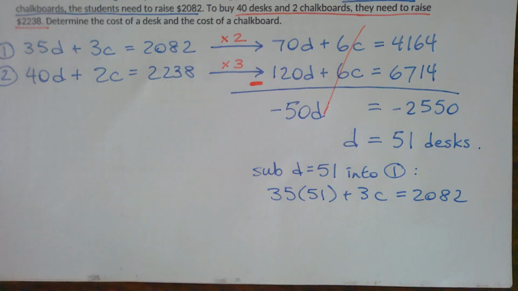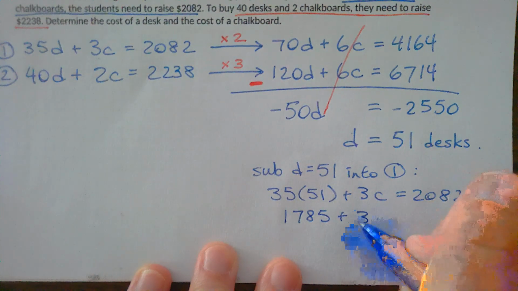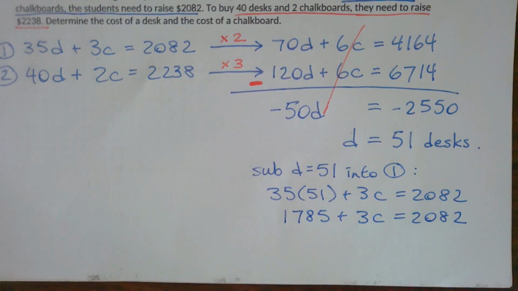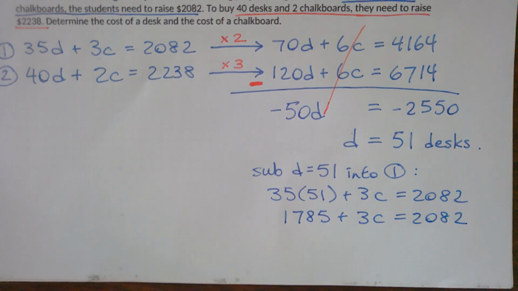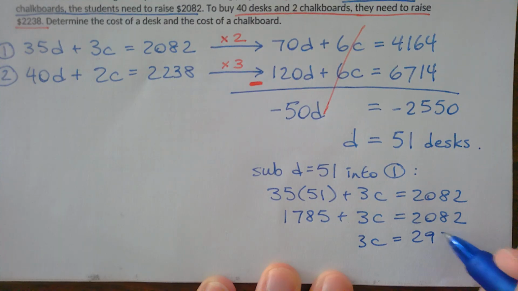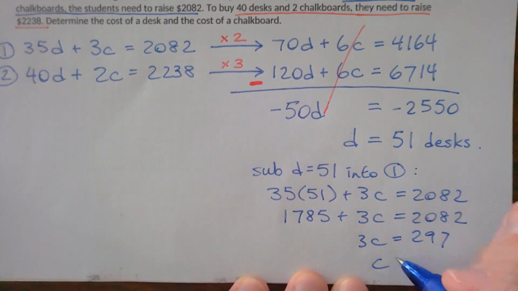Okay, solve it. 35 times 51, 1785 plus 3C. Subtract it from the 2082. I get 297. So when I divide it, I get 99 chalkboards.